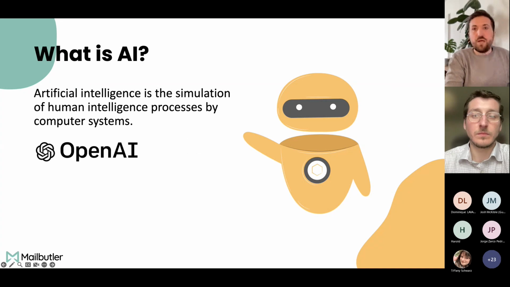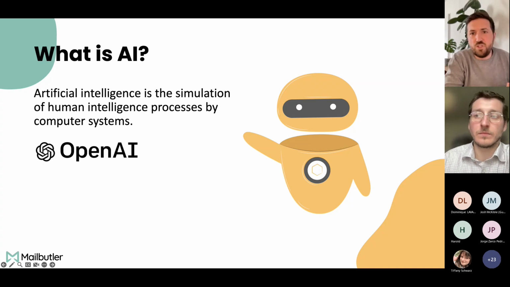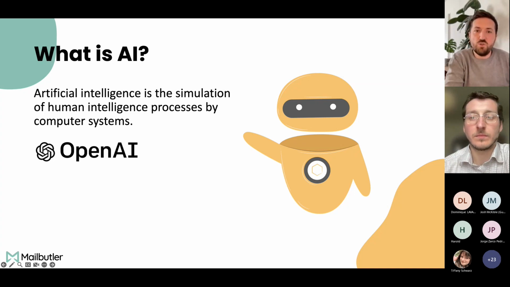Before we talk about our Smart Assistant and its feature set, let's briefly talk about artificial intelligence in general. So the definition of artificial intelligence is that it is a simulation of human intelligence by computer systems. Our new Smart Assistant feature is using one of the most powerful AIs on the market.